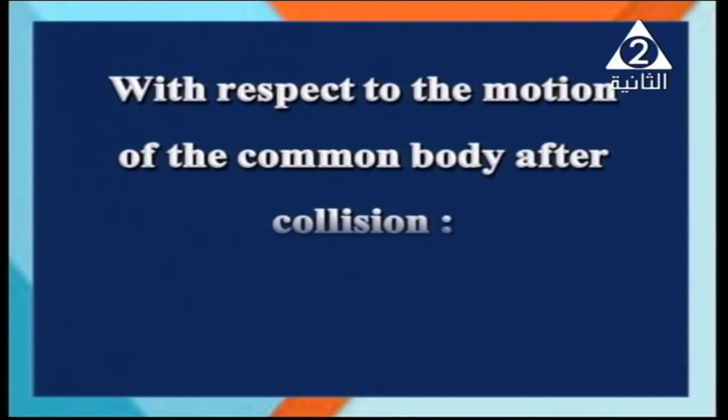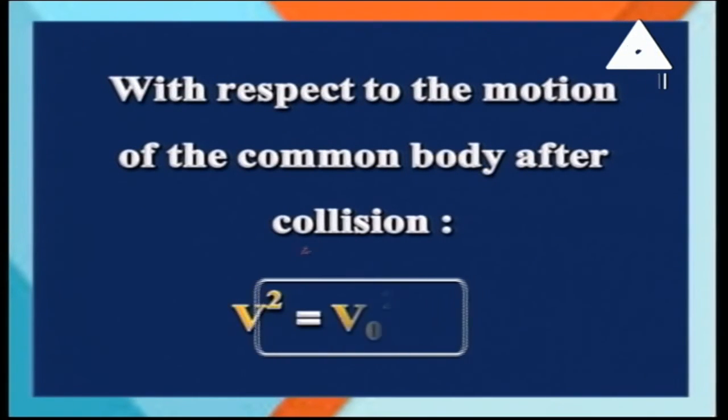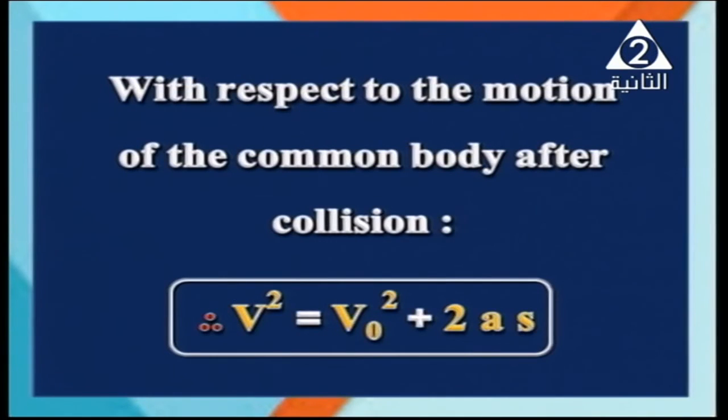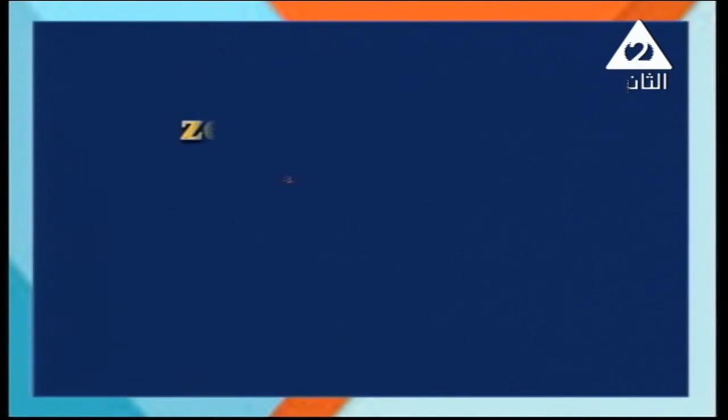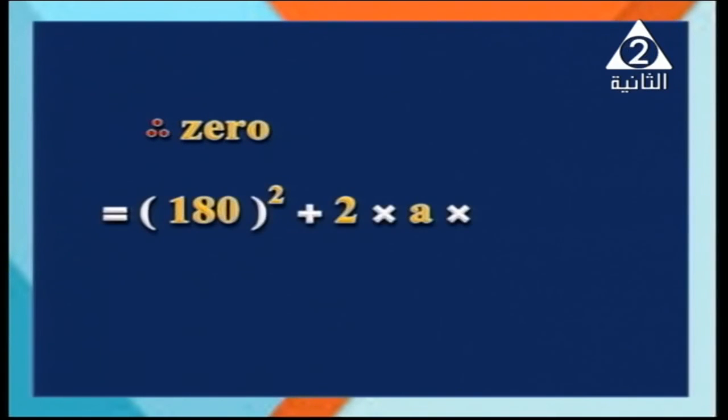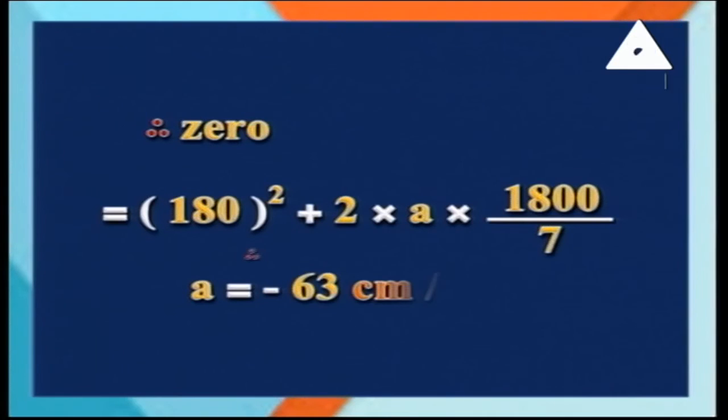With respect to the motion of the common body after collision, since v square equals v naught square plus 2as, by substitution, 0 equals 180 power 2 plus 2 times a times 1800 over 7. Therefore, the value of a equals negative 63 centimeter per second square.